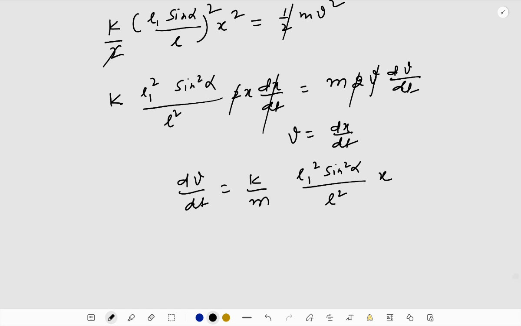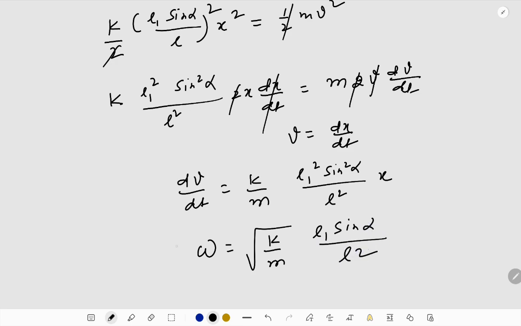And you can find your omega, the angular frequency that was required, and that will be under root k by m, L1 sine alpha by L square.